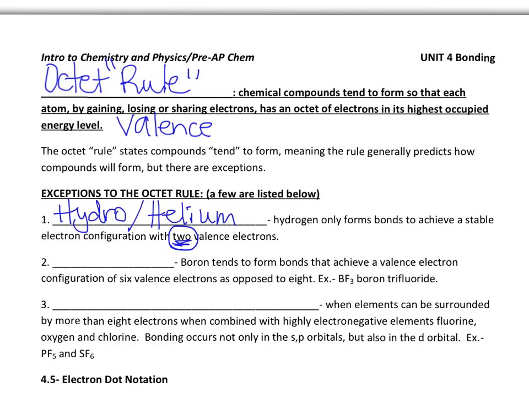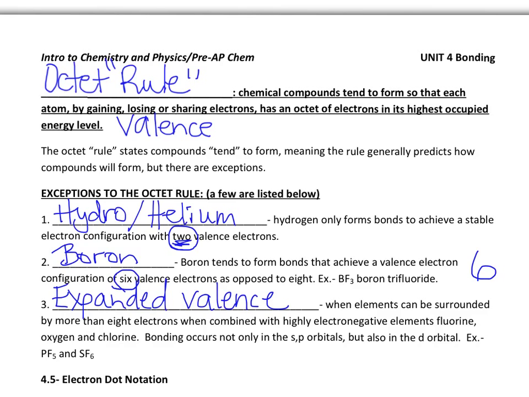Now the next one I would not expect you to know, but you do need to memorize this one. It is boron. Boron tends to form bonds that achieve a valence electron configuration of 6, 6 valence electrons as opposed to 8. For example, boron trifluoride. And then the third one is going to be the expanded valence. Expanded valence. And again, that's pretty much what it sounds like.